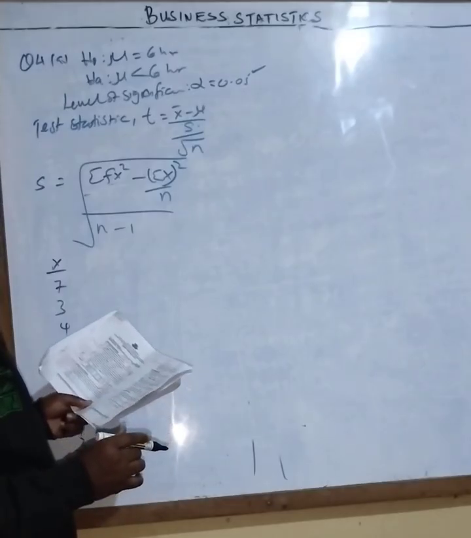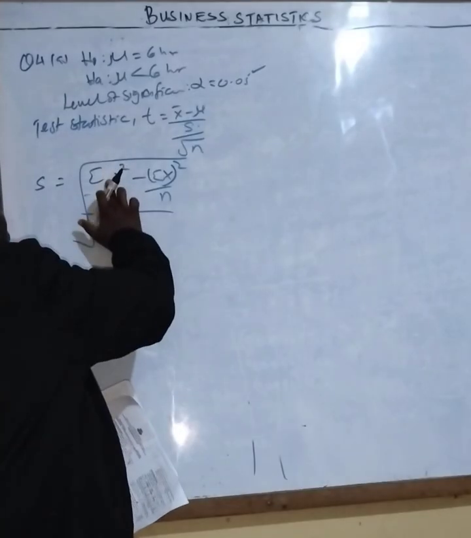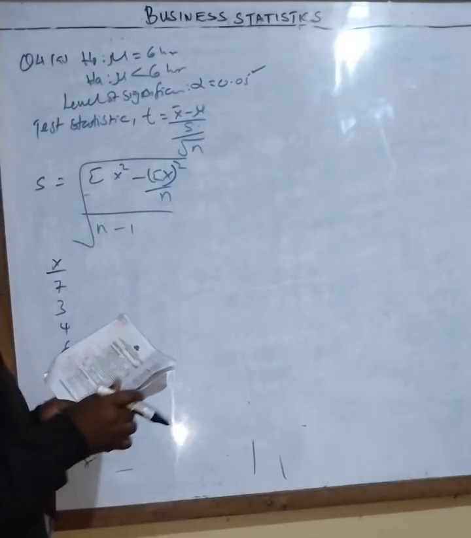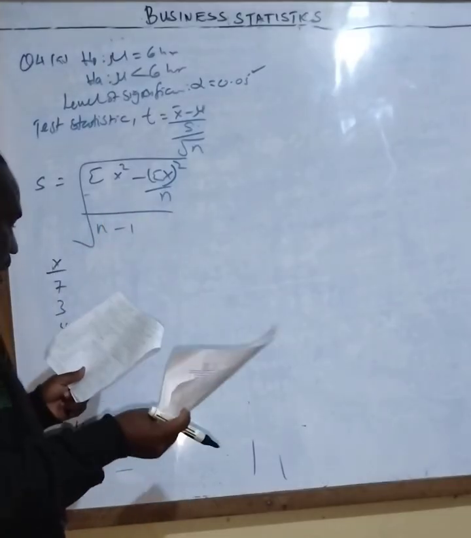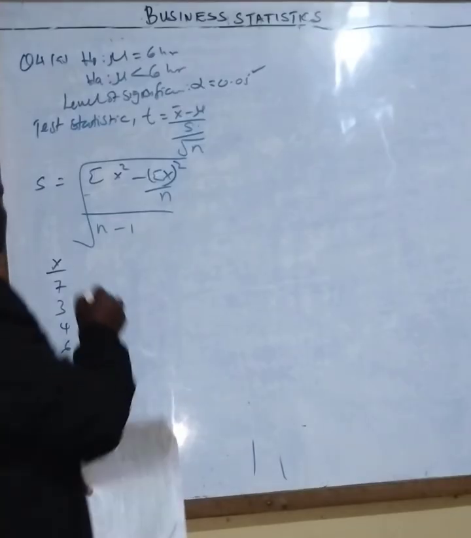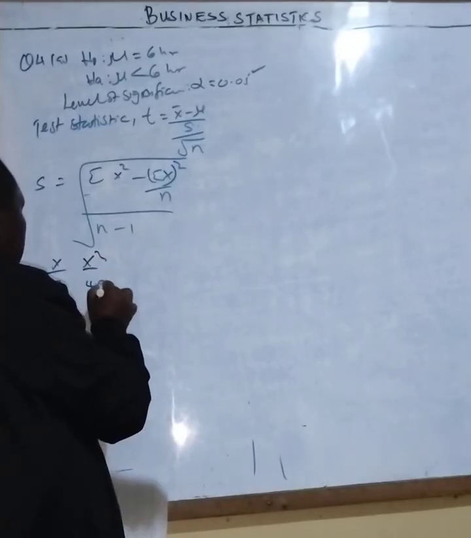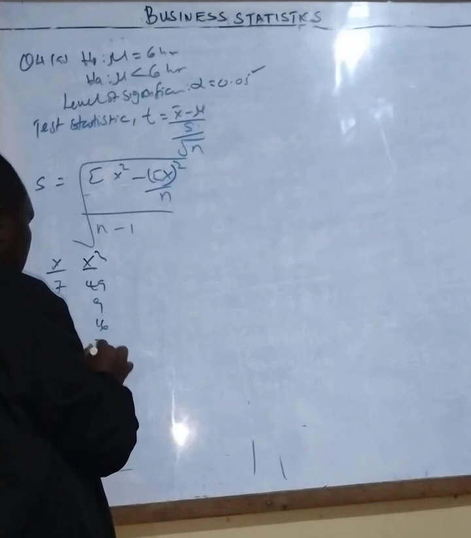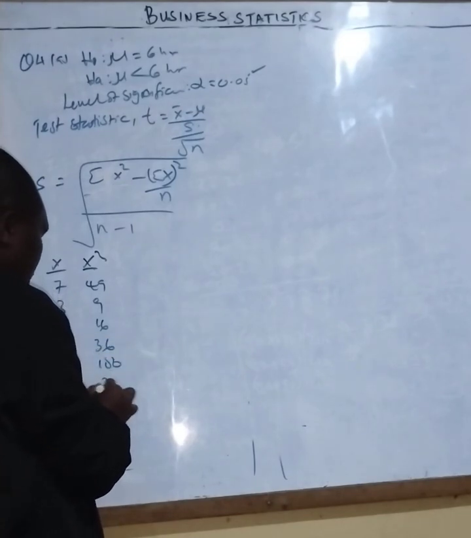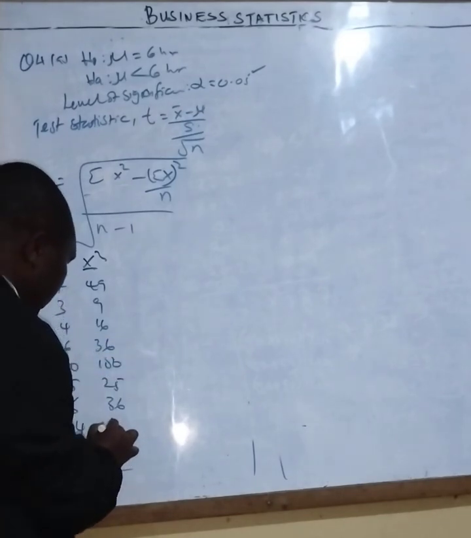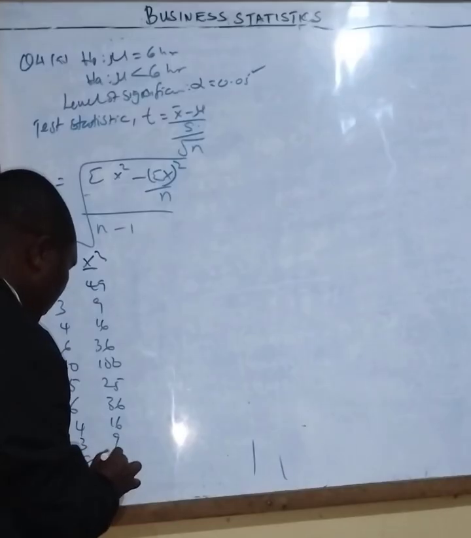So x squared is giving me 49 here, 9 there, 16, 36, 100, 25, 36, 16, 9, and 64.